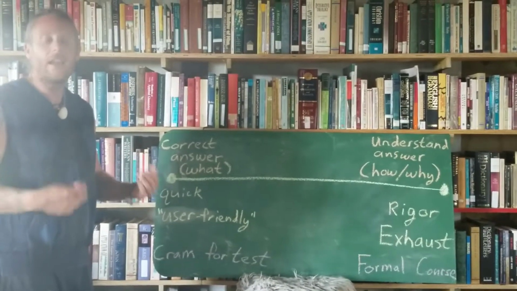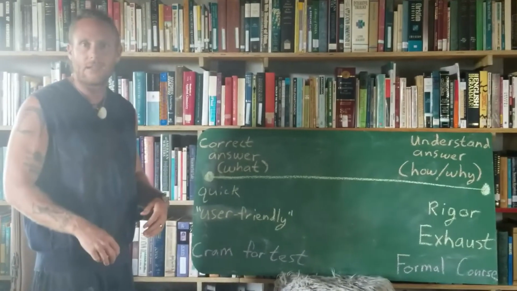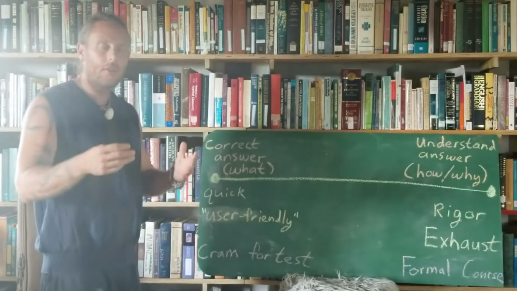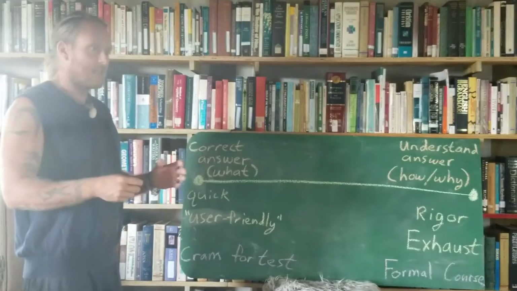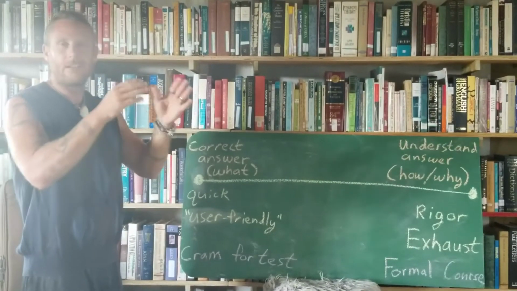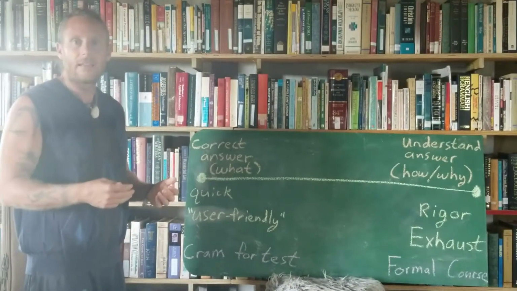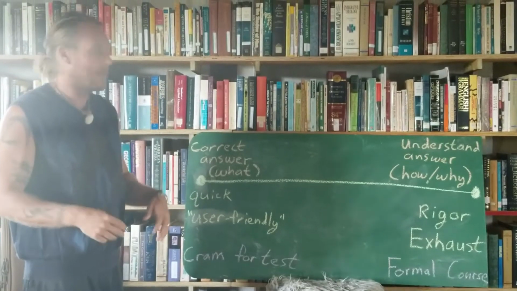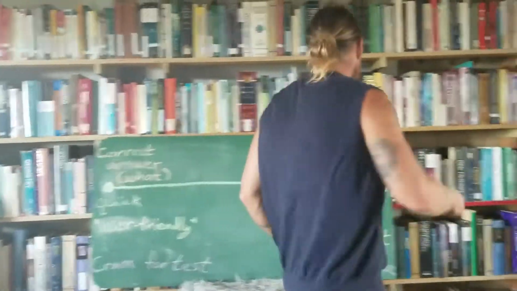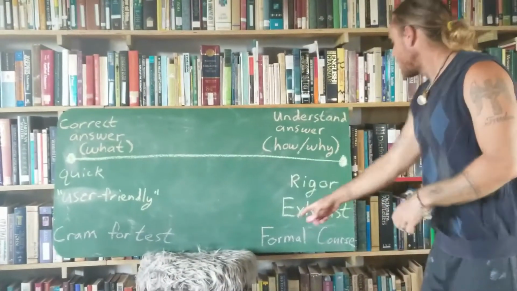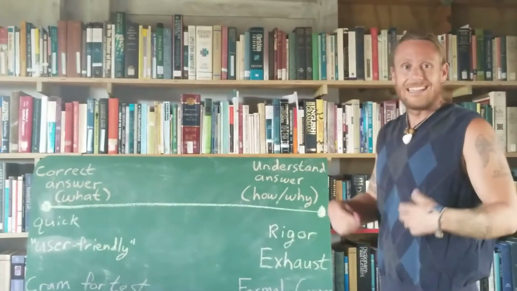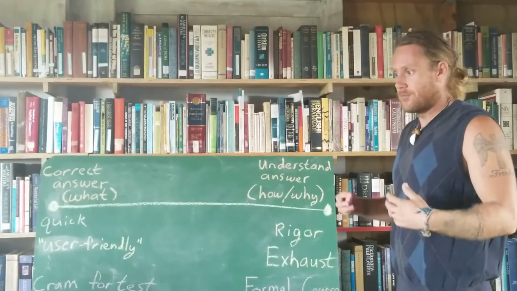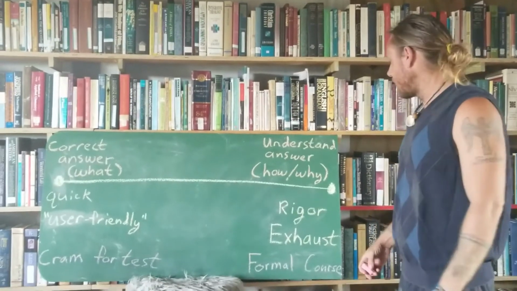Very uninterested in why the answer is what it is, or how to solve other problems of a similar nature, but much more interested in getting correct answers for usually a very limited set of problems or circumstances. The other end would be more for like a formal course, where rigor and exhaustion is really a fundamental characteristic of the course.